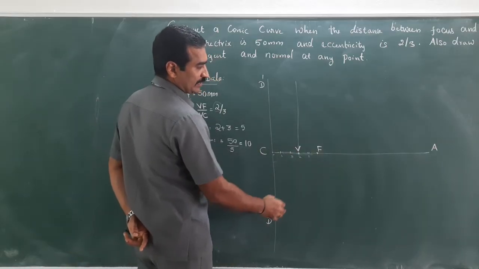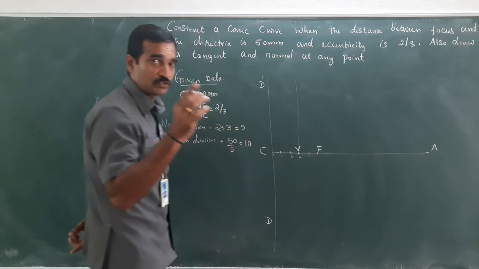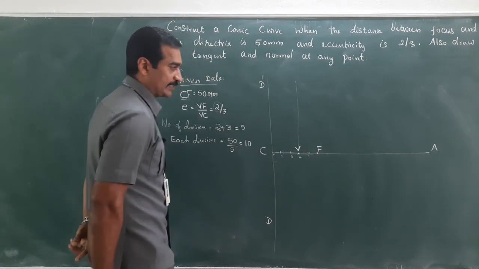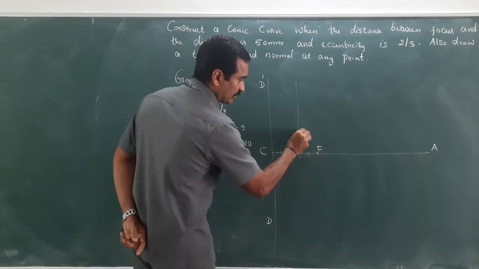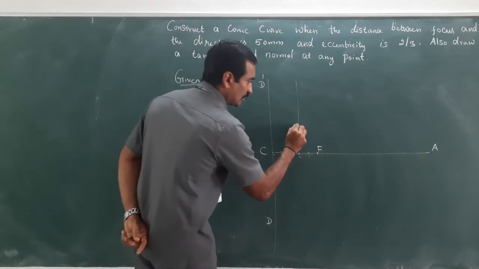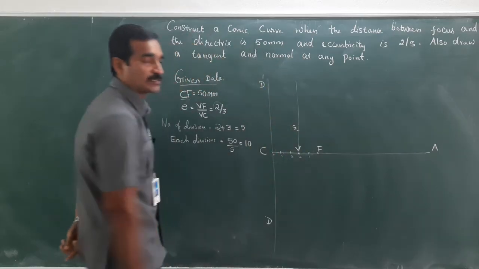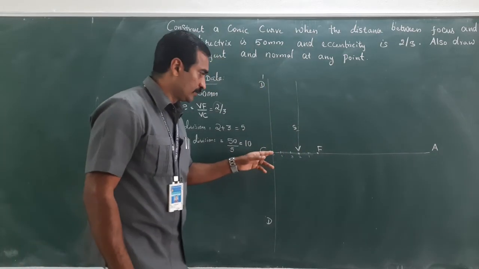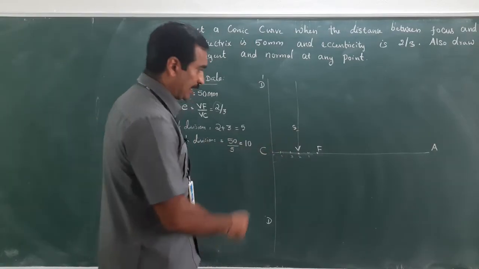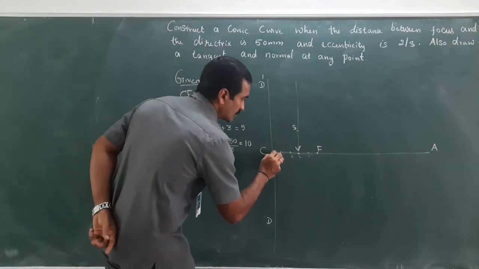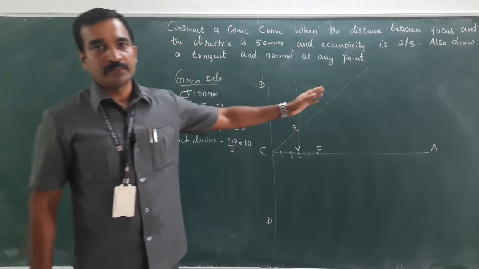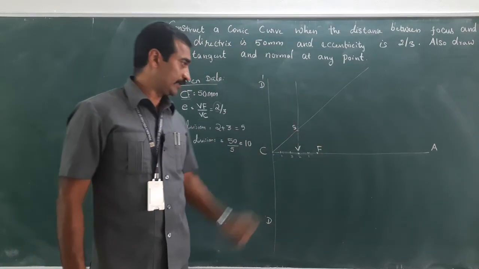Now measure the distance between V and F using the compass, and cut an arc on the vertical line. This intersection point is denoted as S. Now I am going to join C and S, the line passing through C and S. This line is the guideline, right?